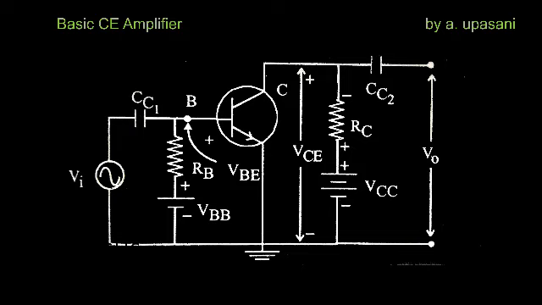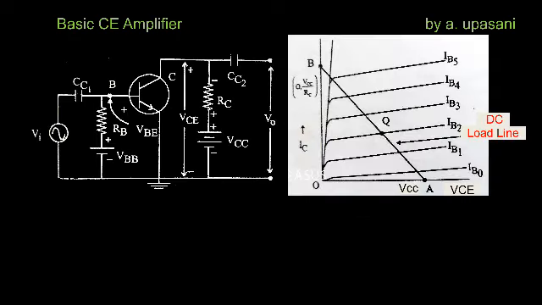Now let us take a look at the DC load line, how this DC load line is configured. When there is no signal at the input side, this condition is called the quiescent condition, and the battery voltage VCC will produce a voltage drop across the collector resistor, and that can be calculated using the KVL equation.